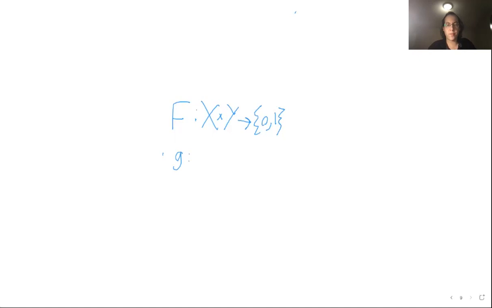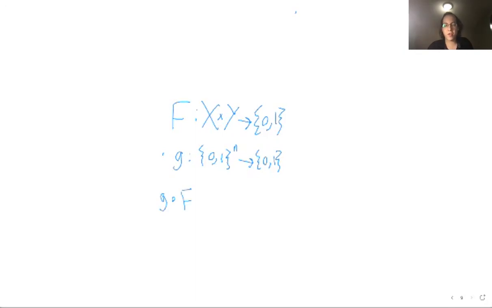If we have a communication function f and a query function g, we can define their composition.